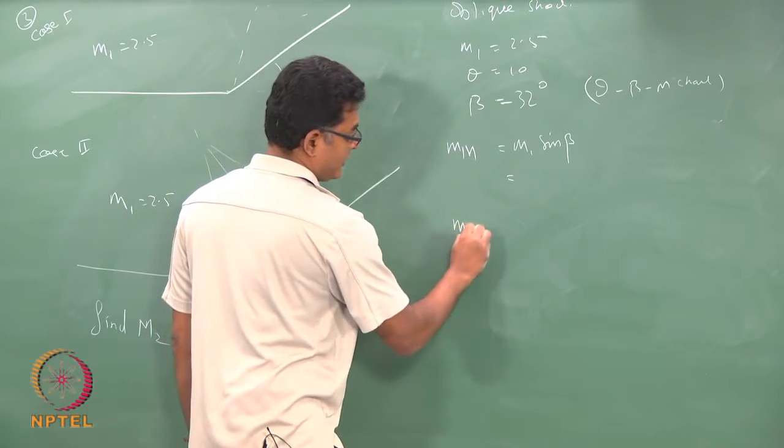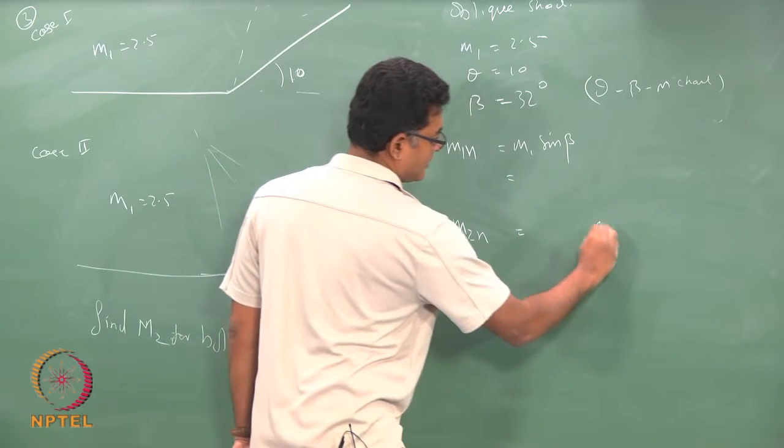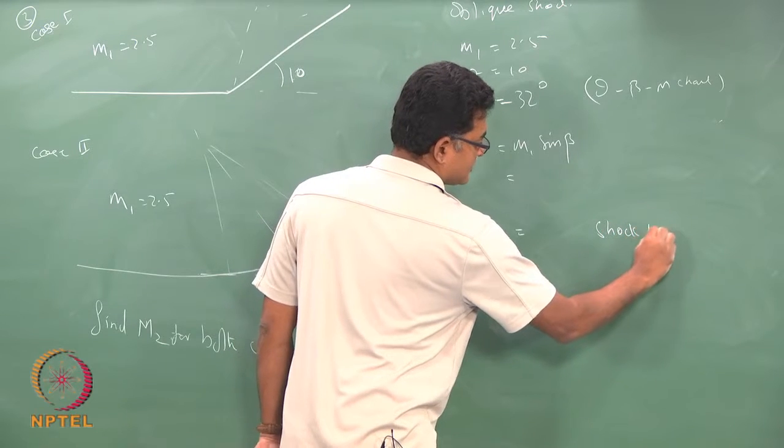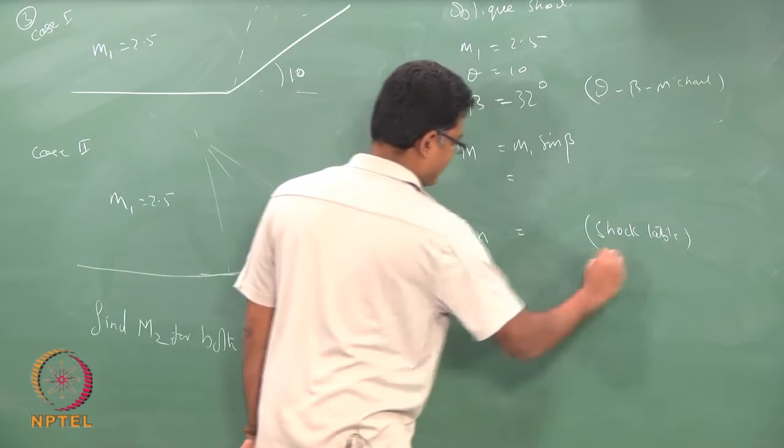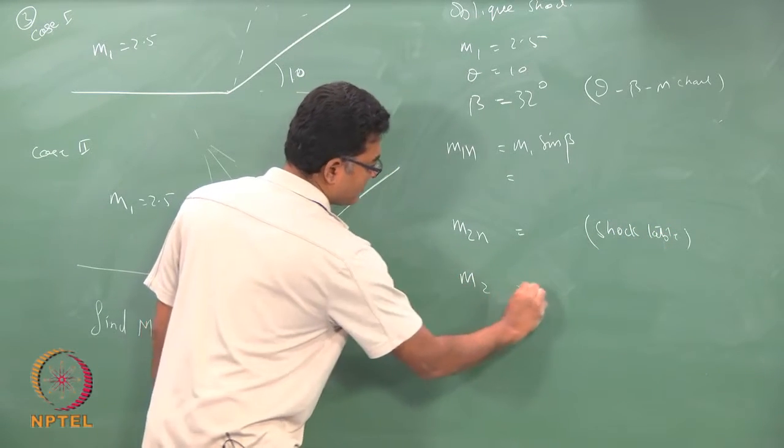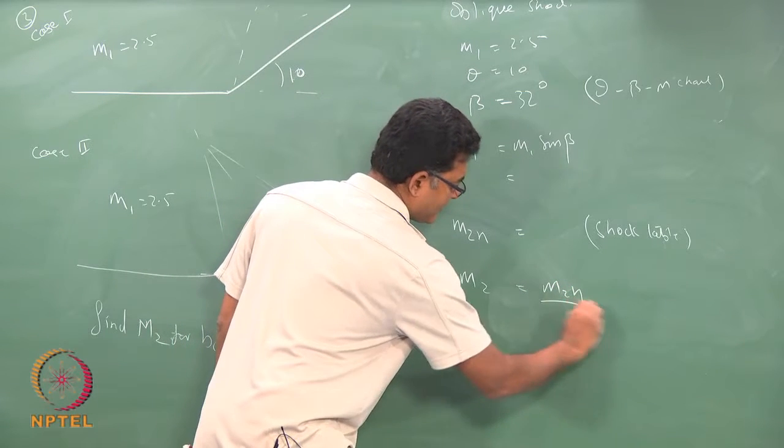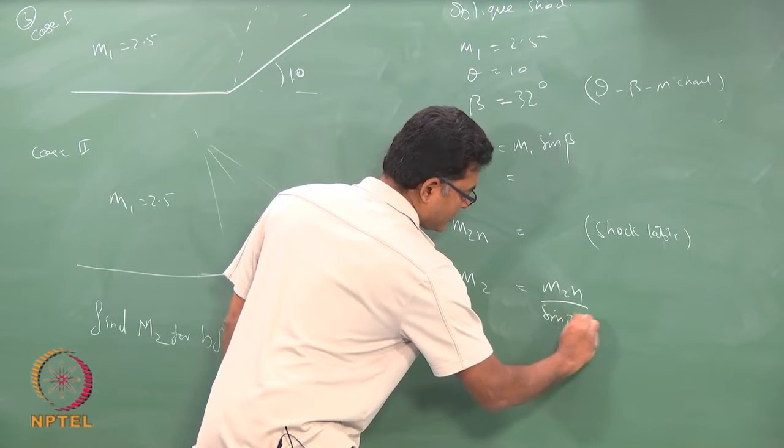Then I would find M2n from the normal shock tables, and I get M2 as M2n divided by sin(beta minus theta).